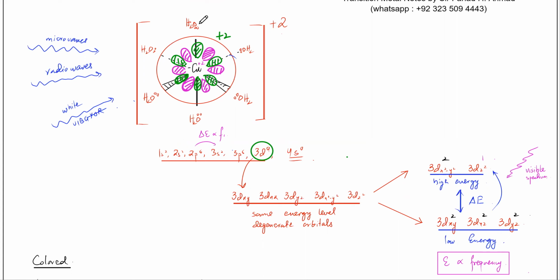So the water molecule and its lone pairs are getting attracted to the copper ion, and the lone pairs are attacking the copper ion on the axis. So if there's a lone pair here and you've got your d electrons over here, then it would be harder to keep electrons in this green orbital over here. Is that clear?